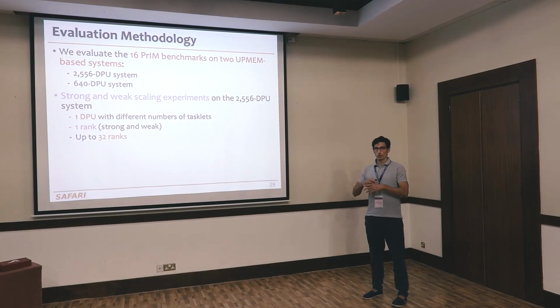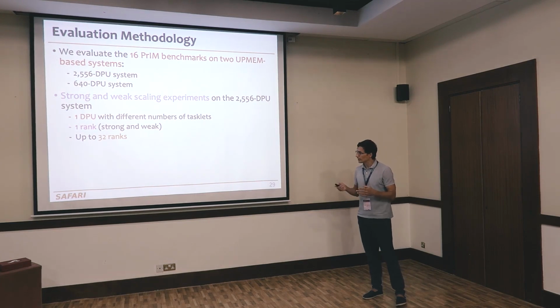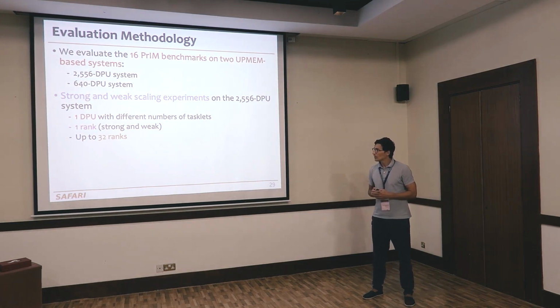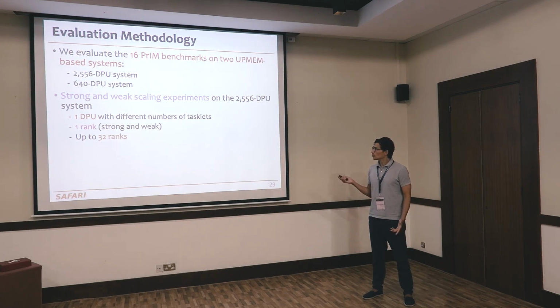I will not show, of course, all the details of this analysis today because I have been covering lectures and talks about the PIM benchmarks, but I just want to give you a few key insights, let's say, of this analysis.